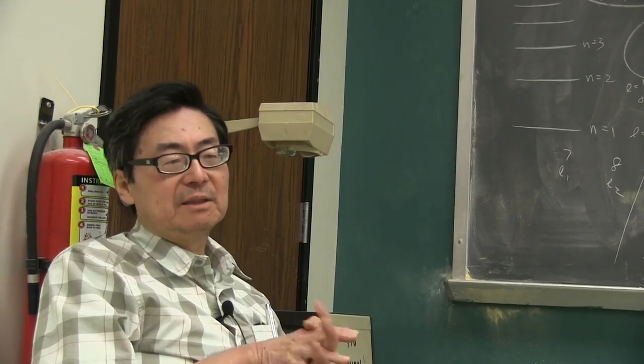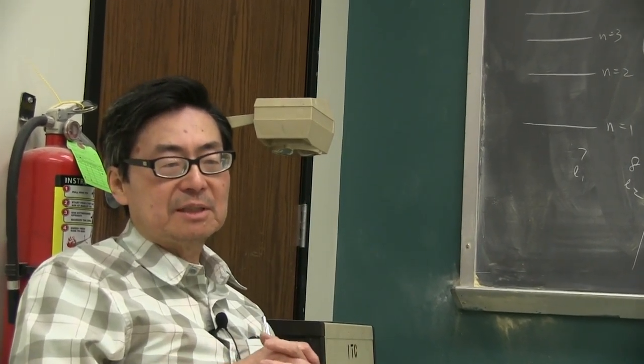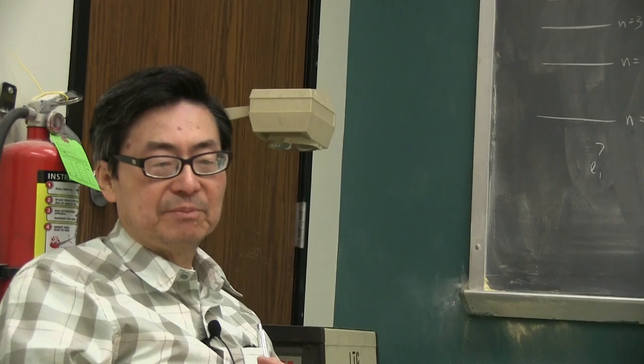But finally, in the 1970s, it was realized how to break the symmetry spontaneously to generate mass and so on and so forth. And only then did it become acceptable as, in fact, the basic theory for all kinds of fundamental interactions.